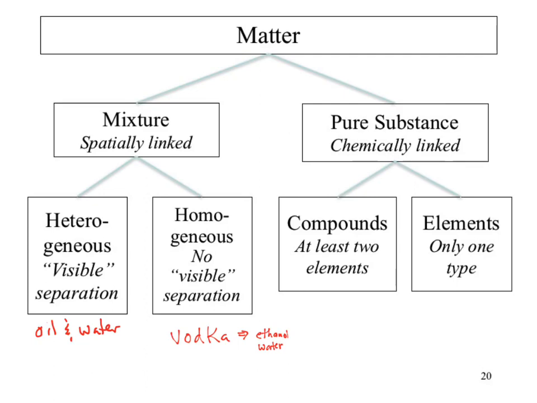Okay? We're looking at heterogeneous and homogeneous. What is that separation that we're referencing? What do you got? Oil and water hang out on top of each other. They don't mix. However, vodka and water, those kind of things, they mix together and you no longer can see they're two separate things. So if we just looked at those two solutions, we see a line separating them apart from each other.